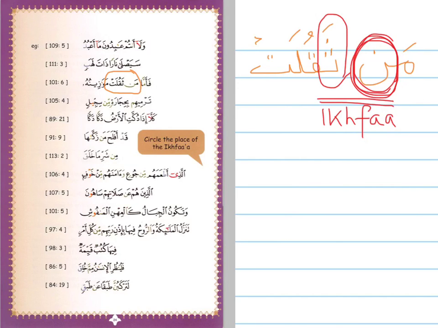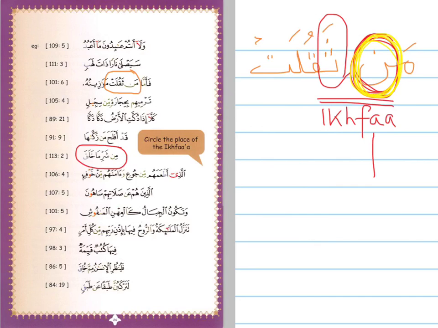Let's look at another example here. Min sharri. Instead of saying mish sharri or min sharri, it's halfway. When you're reading and applying the ikhfa, your tongue, whilst you're on the noon, is almost preparing to say the next letter.